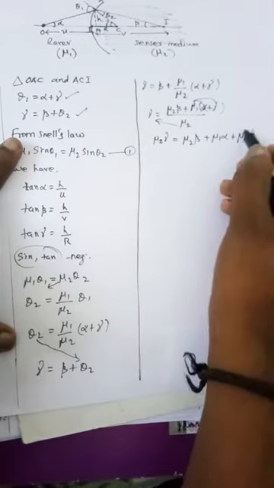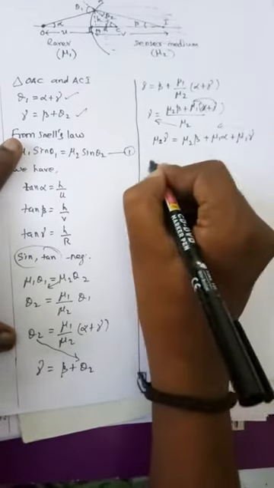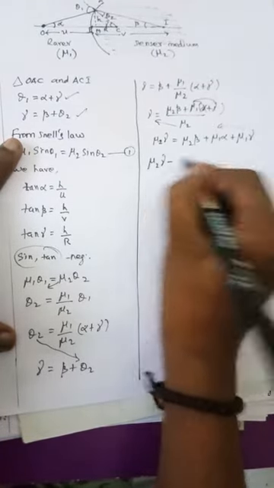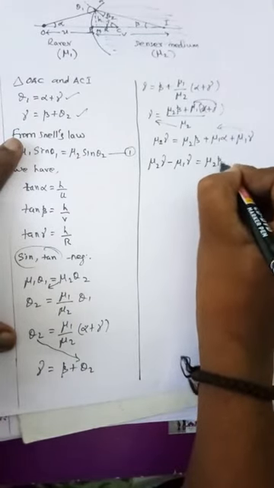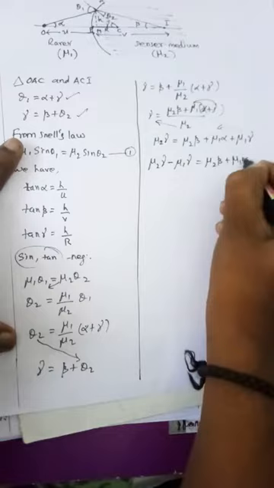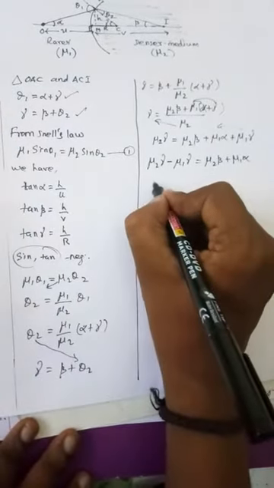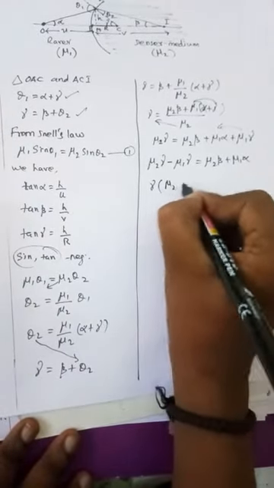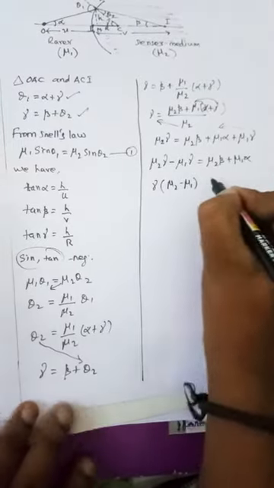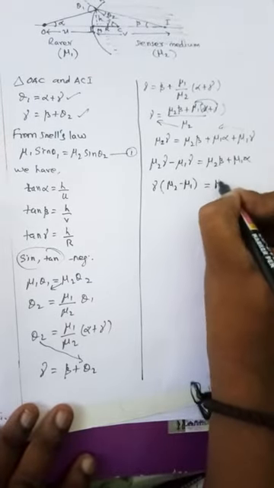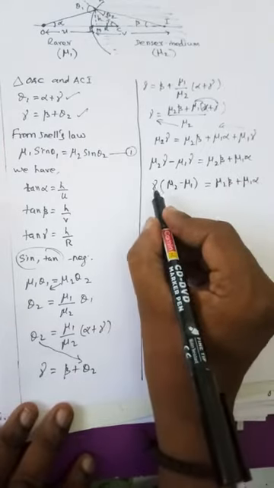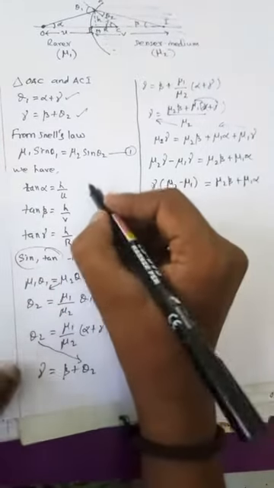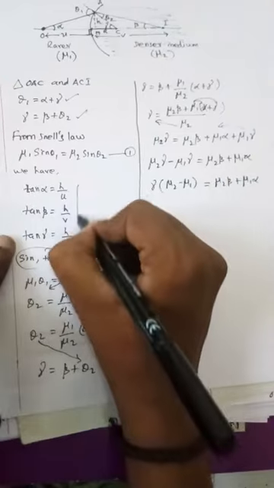Take gamma to one side: mu2 gamma minus mu1 gamma is equal to mu2 beta plus mu1 alpha. So gamma into mu2 minus mu1 is equal to mu2 beta plus mu1 alpha.